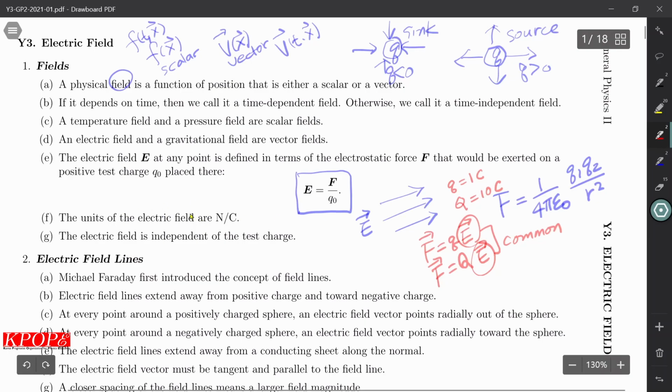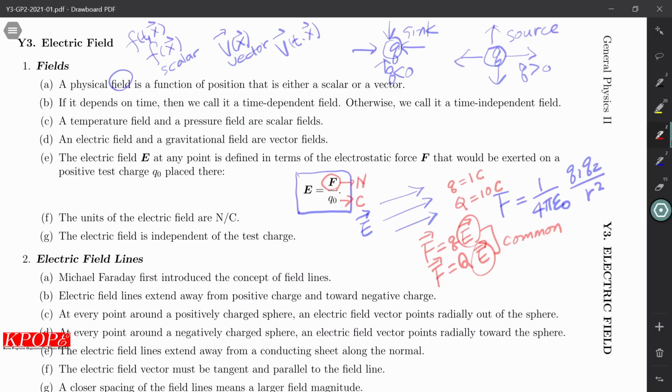Unit of the electric field is Newton per Coulomb. The unit of the force is Newton, unit of electric charge, Coulomb. So Newton per Coulomb. The electric field is independent of the test charge.